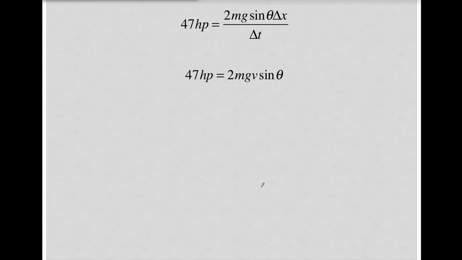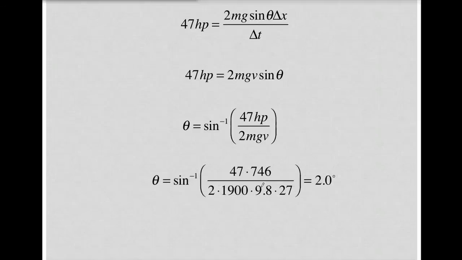So therefore theta itself, which we're looking for, is the arc sine or inverse sine of 47 horsepower divided by 2 mg times v. And again, 47 horsepower has to be in watts, so we'll multiply it by technically 745.7, but I'm just rounding it to 3 sig figs. And that gives us 2 degrees.